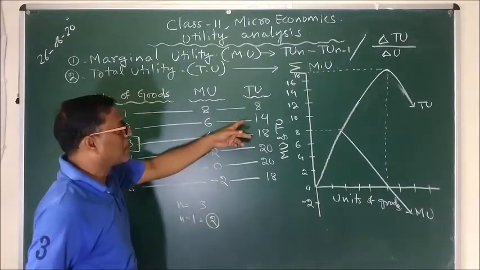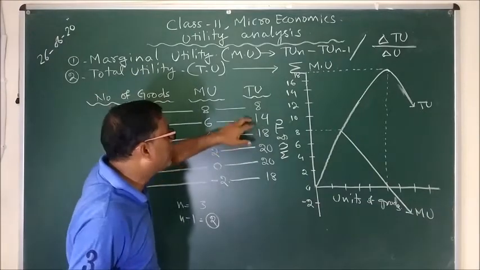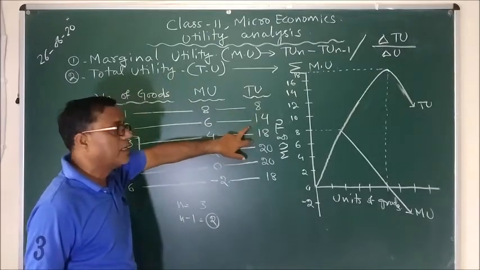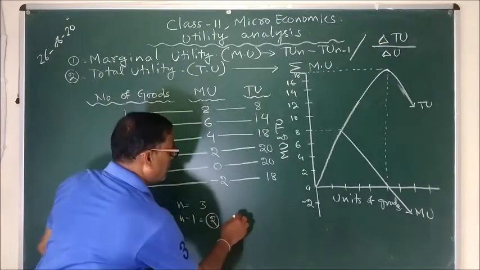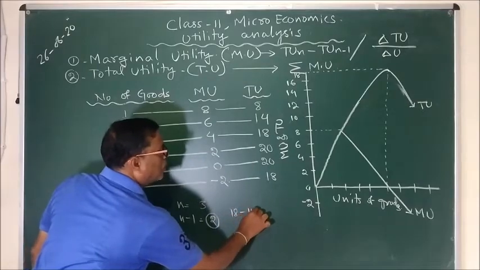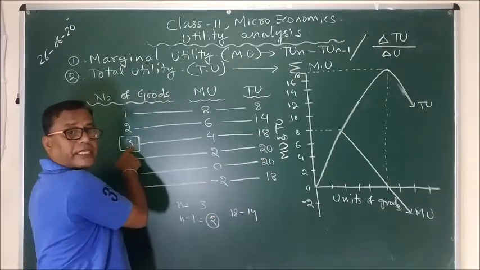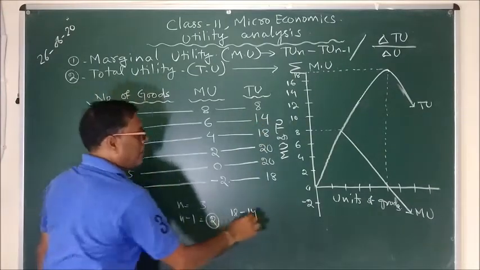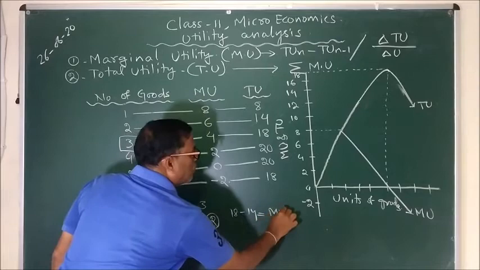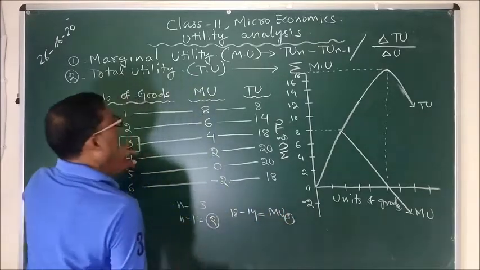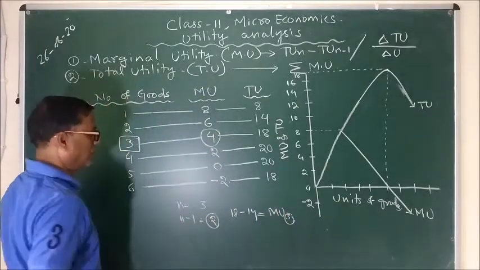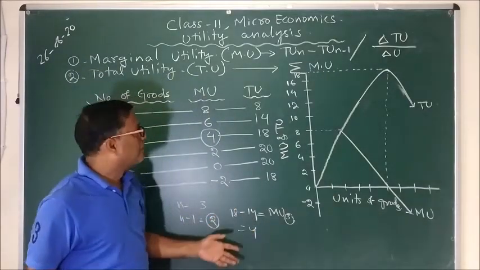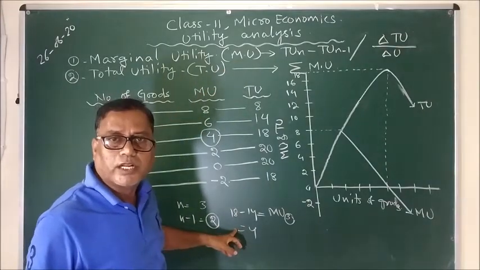So we need to subtract the total utility of 2 units from the total utility of 3 units, that is 18 minus 14. 18 is the total utility of 3 units minus 14, the total utility of 2 units, and we will get the MU of the third unit, that is 4. So 18 minus 14 equals 4. So this is how we derive marginal utility from total utility.